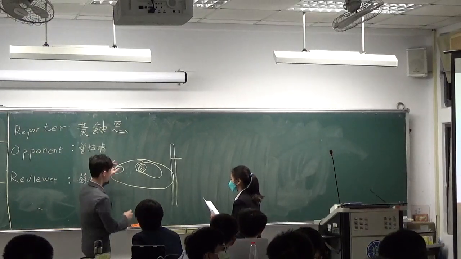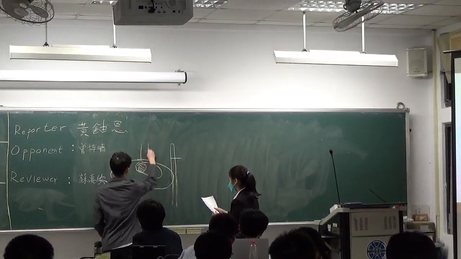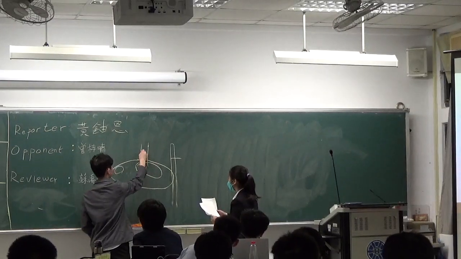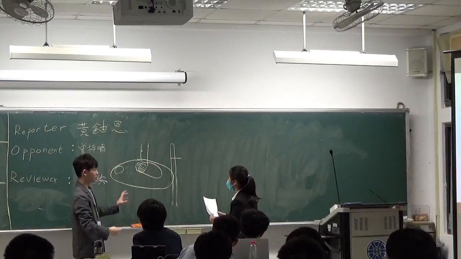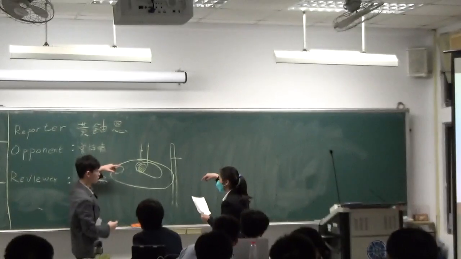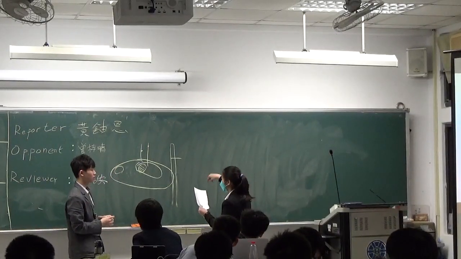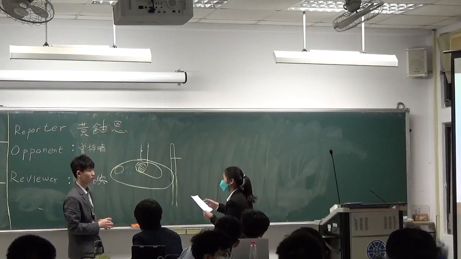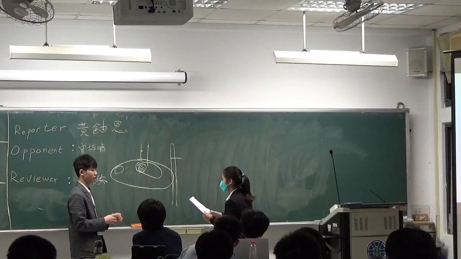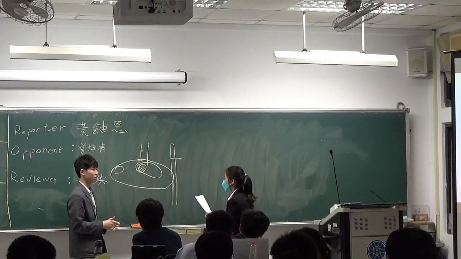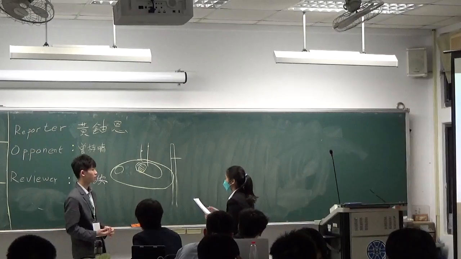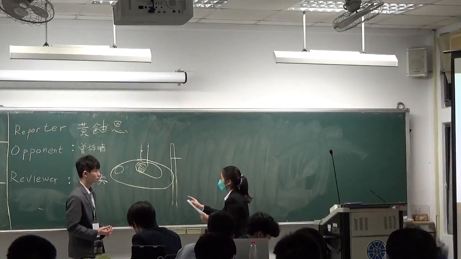So it has two connecting points, maybe here and here, so it cannot be static friction. Will it rotate? Yes, it will rotate, and also it will slide. Rotating and sliding can happen together.